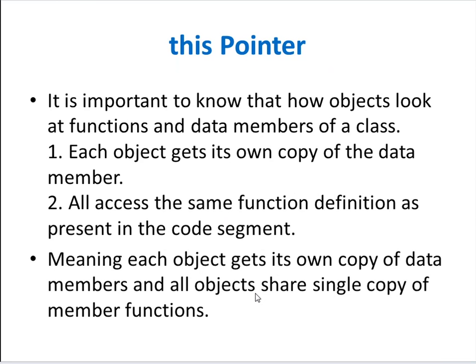It is important to know how an object looks at the functions and data members of a class. When we create an object, first, each object gets its own copy of the data members. Suppose we have created 10 objects, then the 10 objects access the same single function definition present in the code segment.